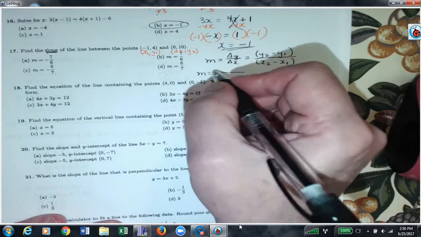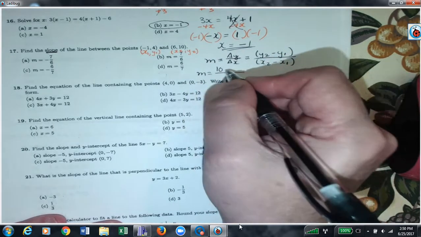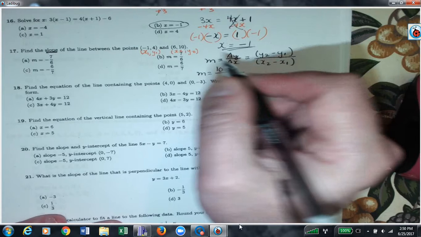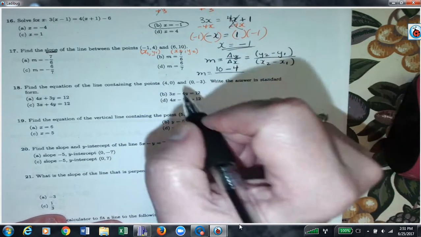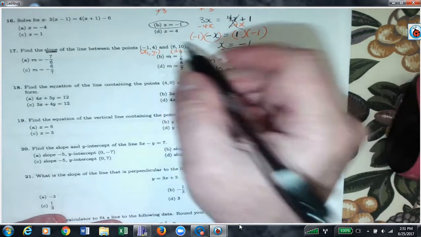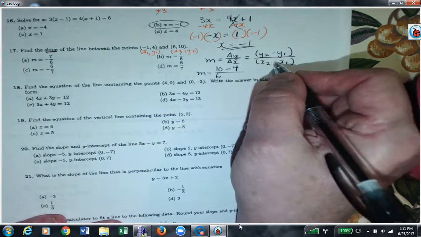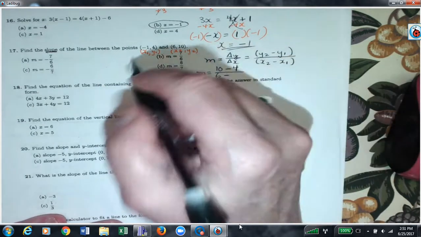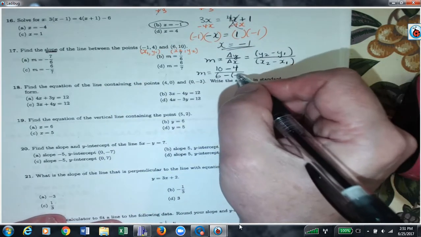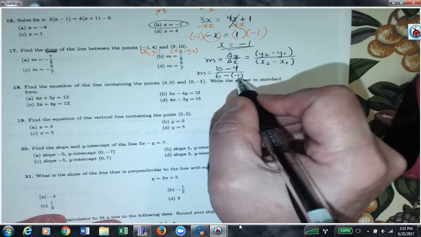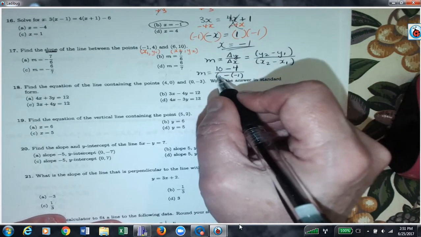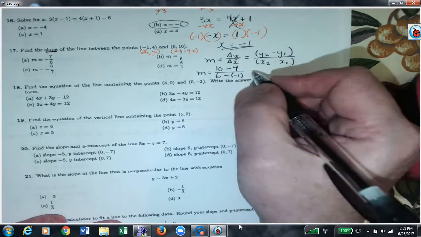y2, which is 10, minus y1, which is 4, divided by x2, which is 6, minus x1, which is negative 1. So x2 minus x1, 6 minus negative 1.